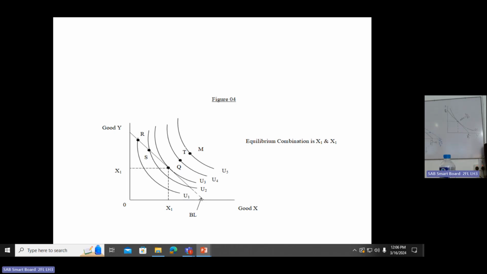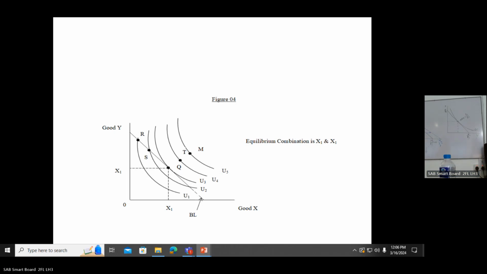Even higher points the consumer would prefer, but depending on the income constraint, you cannot reach those points. Those points are not feasible.